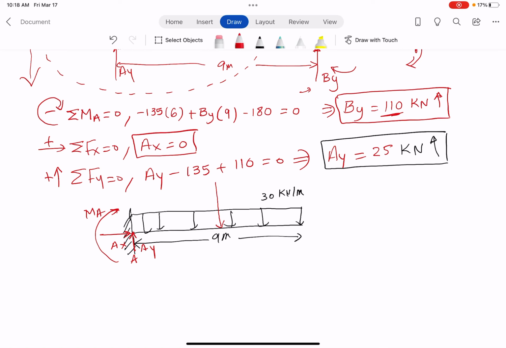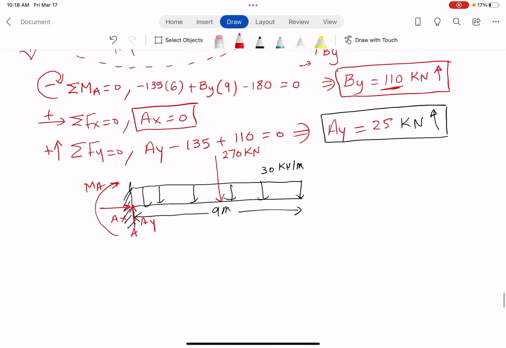Let me just do that with the calculator. 30 times 9, and that is 270 kilonewton, and the distance from here is 4.5 meters, and the distance from here is 4.5 meters.